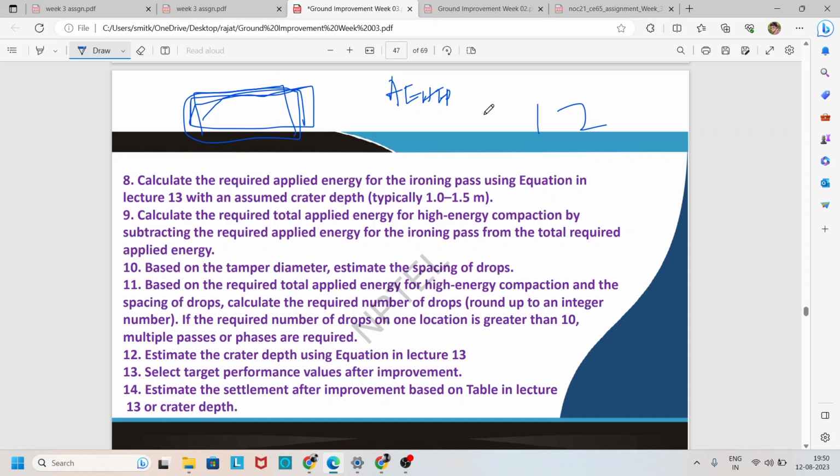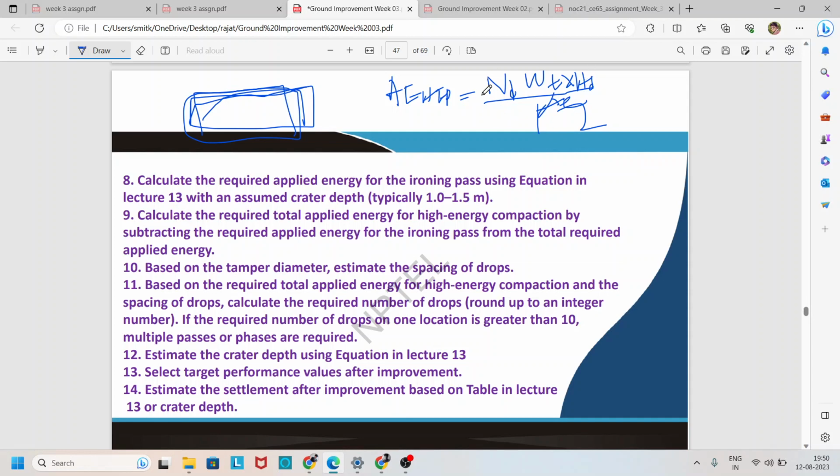It is nothing but the total applied energy for heavy energy pass divided by the number of passes. After that, applying one formula we already discussed, the applied energy for heavy energy pass is equal to the number of drops times the weight of the hammer times drop height divided by the equivalent influence area.